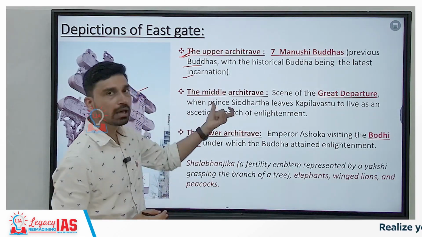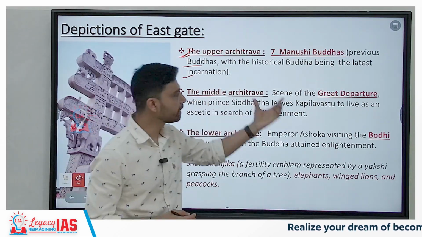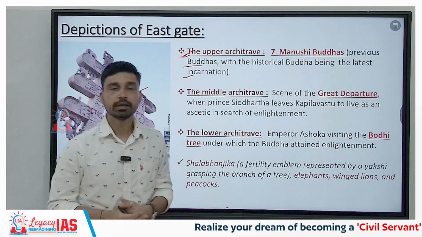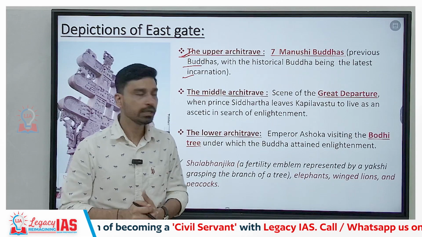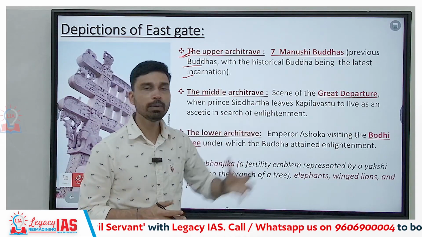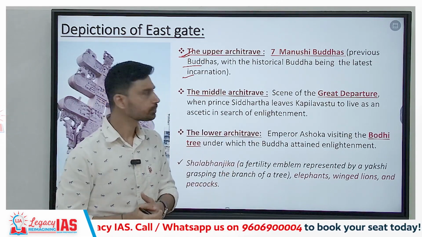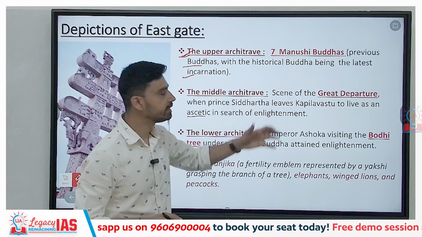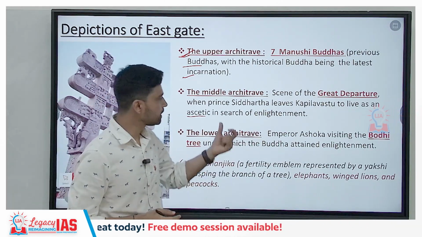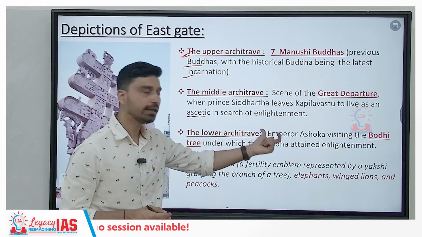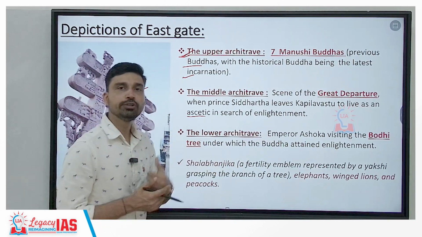Second, the middle architrave depicts scenes from the Great Departure. The Great Departure is that stage in the life of Gautam Buddha when he departs from Kapilvastu, the place where he was born, to live as an ascetic in search of enlightenment, and that is when he goes to get enlightenment under the Bodhi tree in Bodh Gaya.